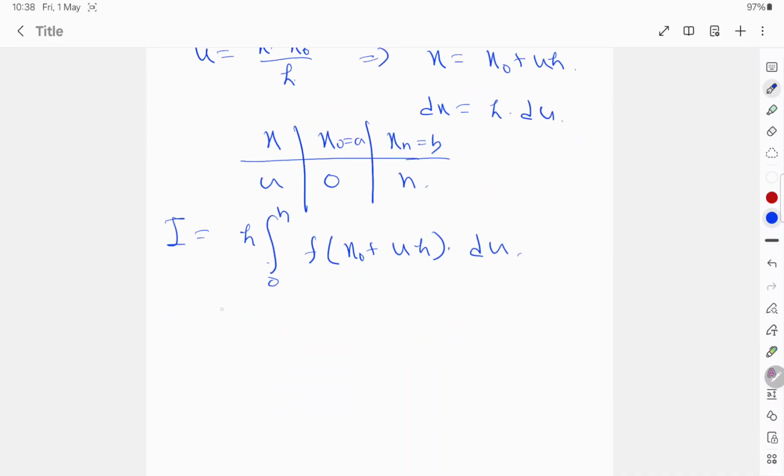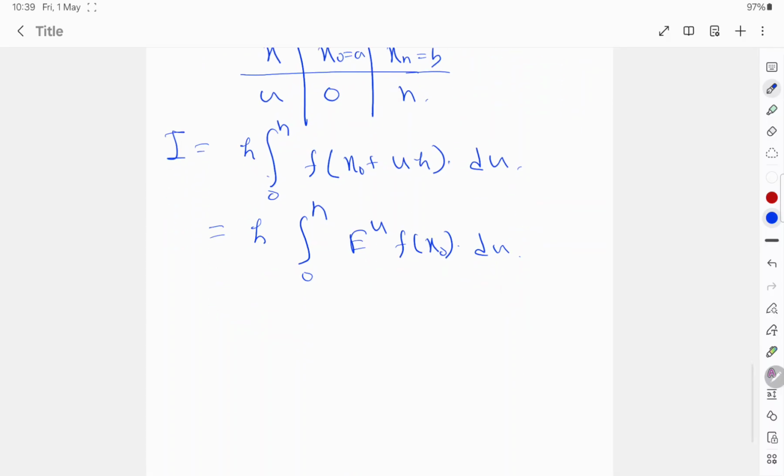Now we can write this as h, integral 0 to n, E to the power u f of x0. This is the shift operator, right? That u times you are using the shift operator, so you are getting this.